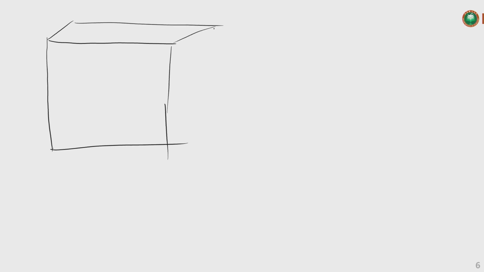So let's assume there is a unit volume of material, and there are many ellipsoids inside it.